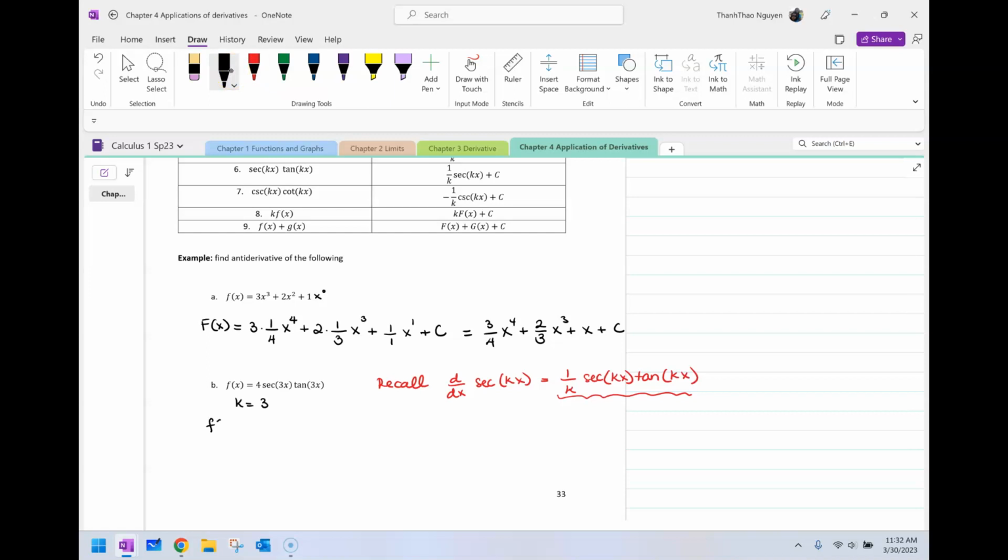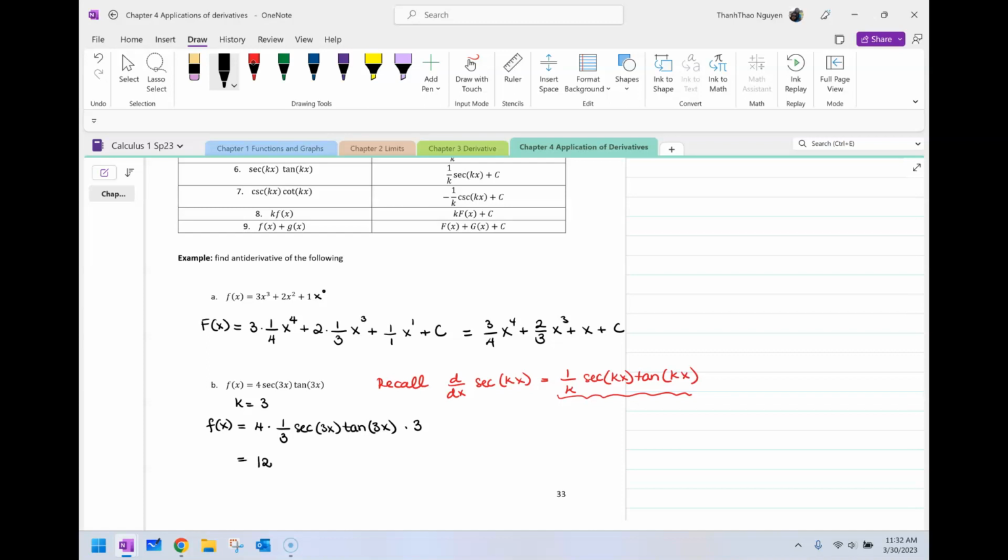So I can modify f of x to the form that we want. I have 4 times 1 over 3 times 3 secant of 3x times tangent of 3x. Well, if I divide by 3, I have to multiply by 3 at the same time. Let's rewrite this a little bit.